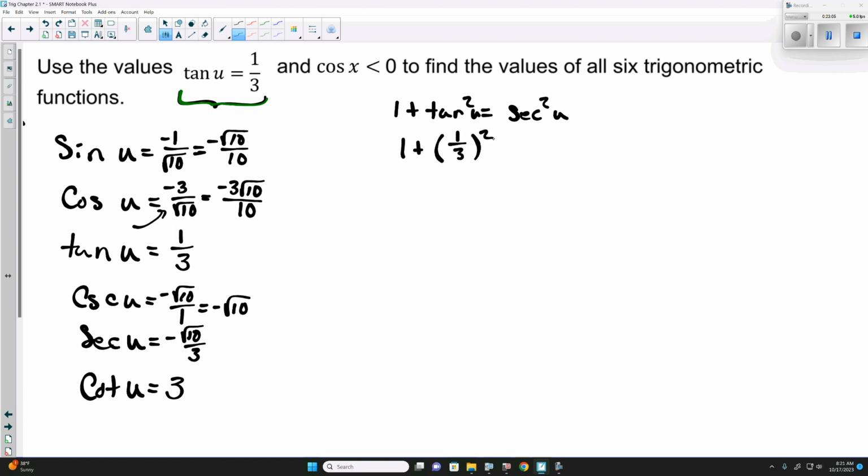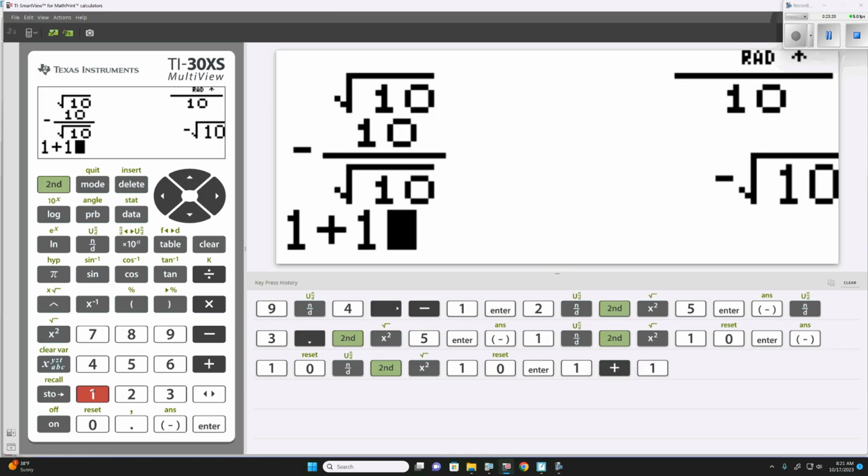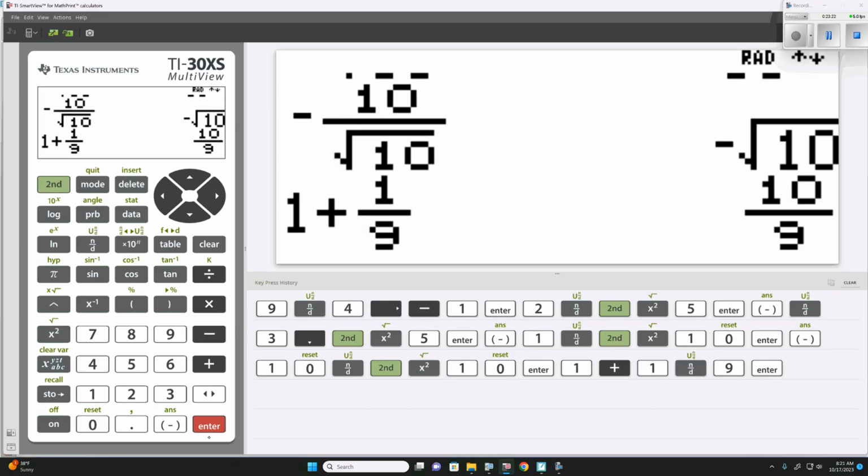Tangent squared is 1/9. So we have 1 plus 1/9 is equal to secant squared. Now we could do that 1 plus 1/9 by hand. Doing a calculator is 10/9.